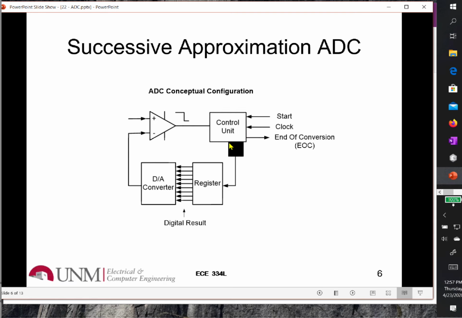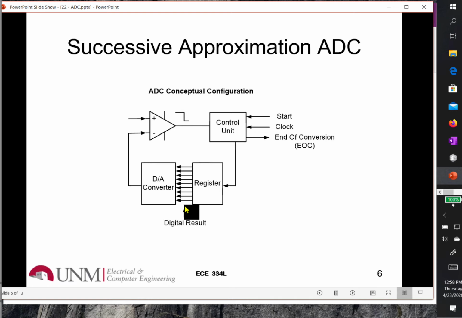And when it starts, it's going to sequence through a number of digital values, and using those values, convert that to an analog signal to compare it to the unknown input. And when that process is done, it's going to signal that it has come up with an estimate.